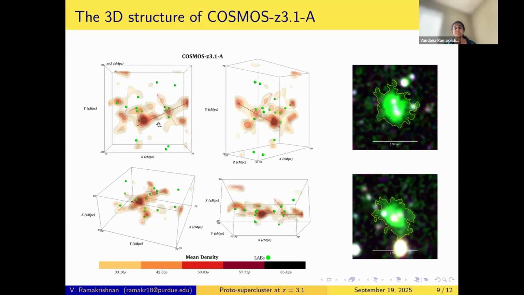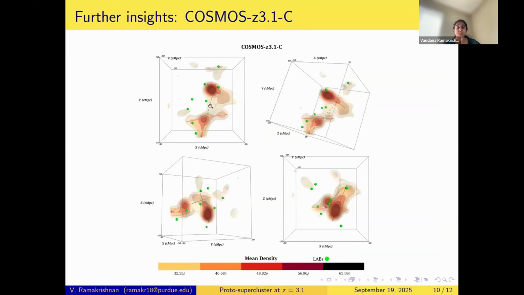And this behavior is not unique to this particular complex. This is another complex, Cosmos 3.1c, which is within the same field, which we followed up with some pretty extensive Gemini GMOS spectroscopy. And again, you can see that the LABs seem to avoid the most overdense regions.